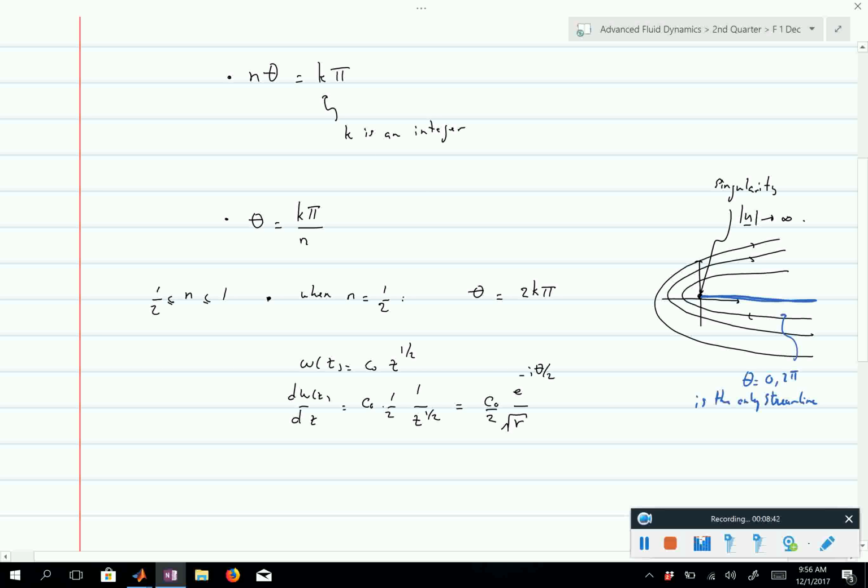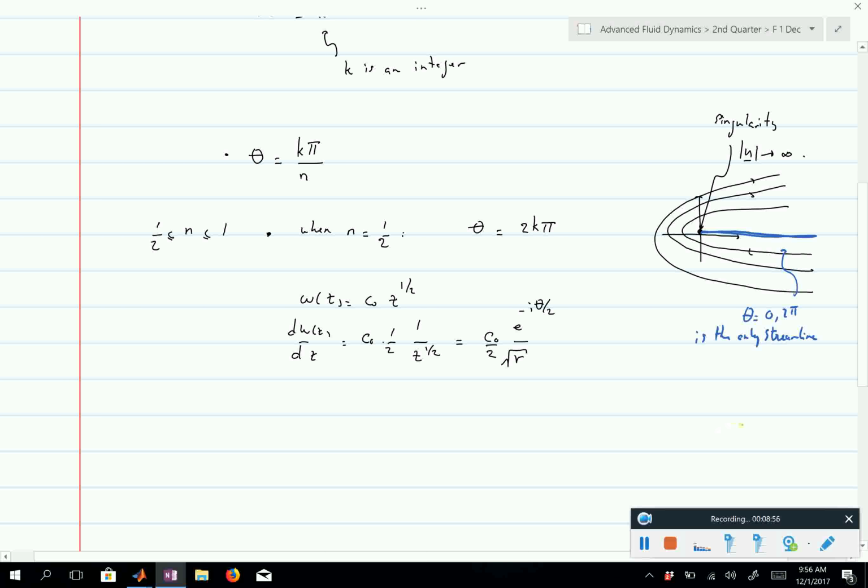This is actually why you have to impose the Kutta condition at the trailing edge. If you don't impose the Kutta condition, then in the picture that I showed, this is exactly the same physics. If you don't add circulation for the flow around an airfoil, then your streamlines look like this, right?